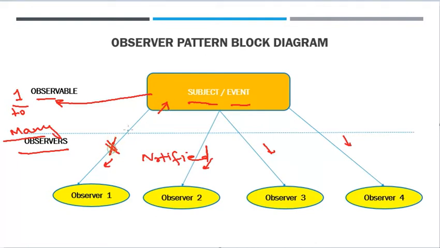So it means there is a loose coupling between the observers and the observable object. At any time, an observer can be added or removed from the list of observers in the subject.